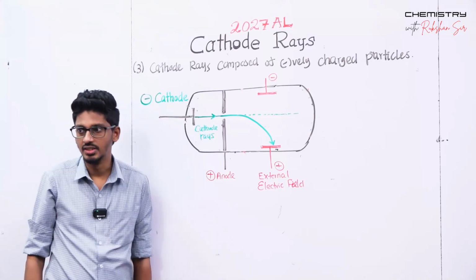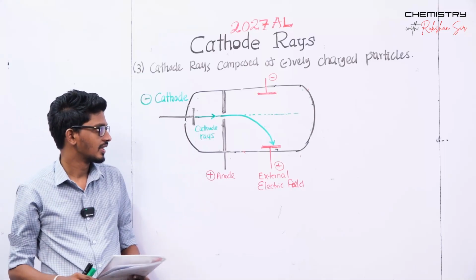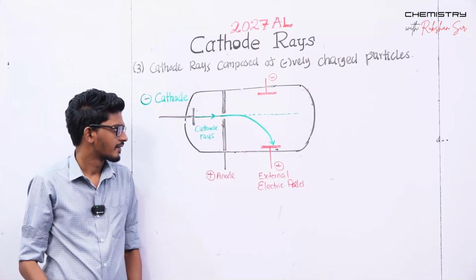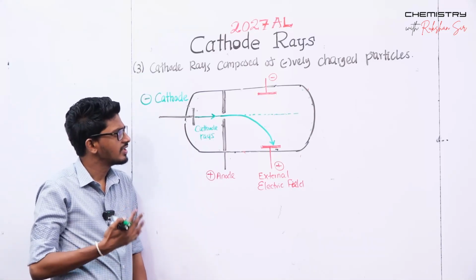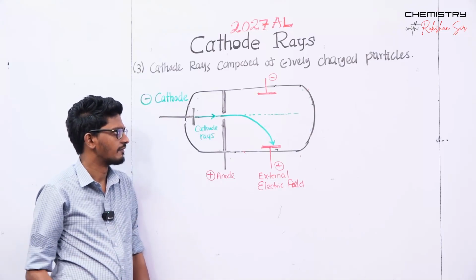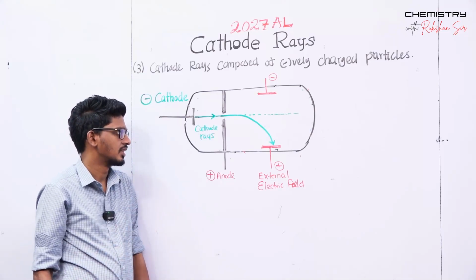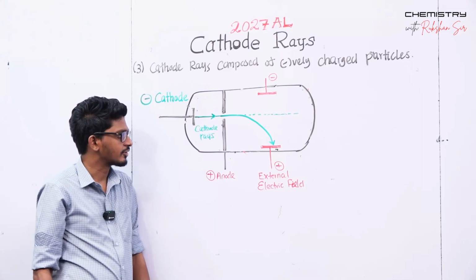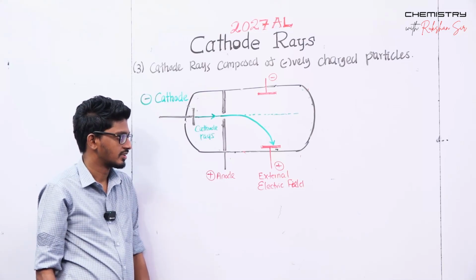So with this kind of setup, one can argue, why do we need this kind of setup to prove the cathode rays are negatively charged?